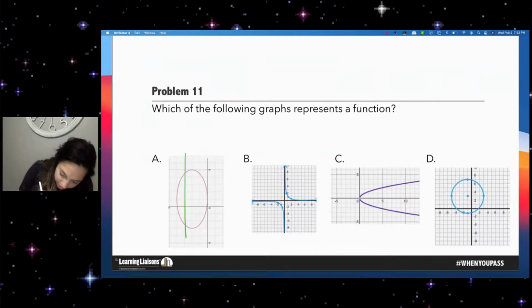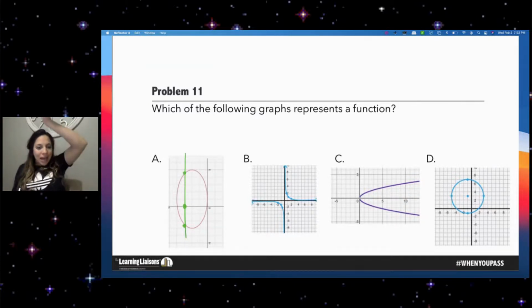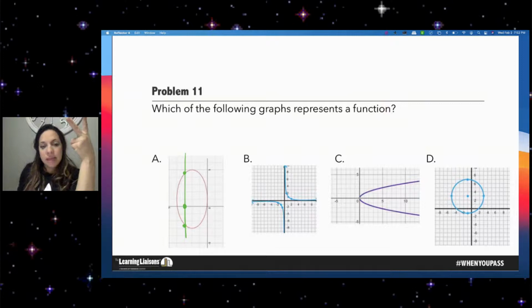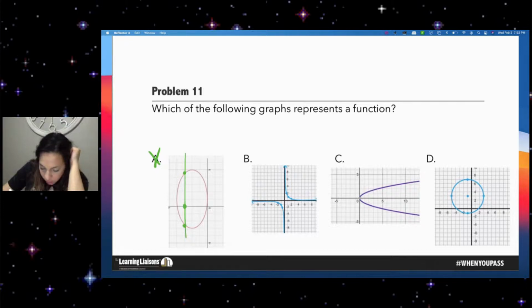So for this x value right here, we actually have 2 y values. Because that vertical line hit the graph in 2 separate places, this would not be a function. Let's take a look at letter B. If I draw vertical lines through this graph, I'm only going to ever hit it once.